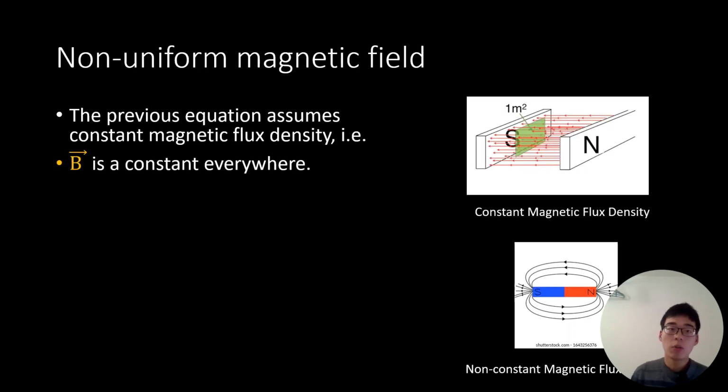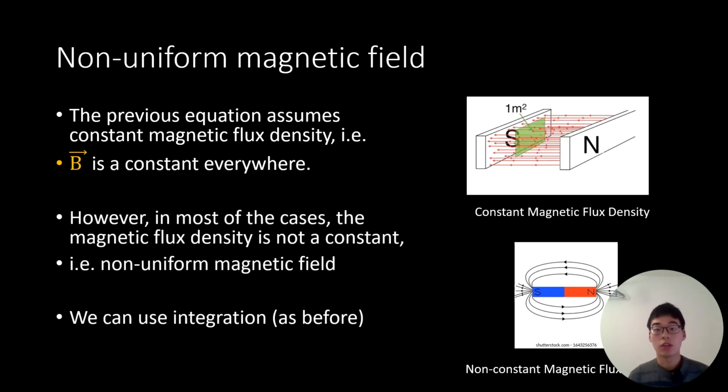However, the same thing occurs. The previous equation assumes B is a constant everywhere. In most cases, however, the magnetic flux density is no longer a constant, so we need to use integration.